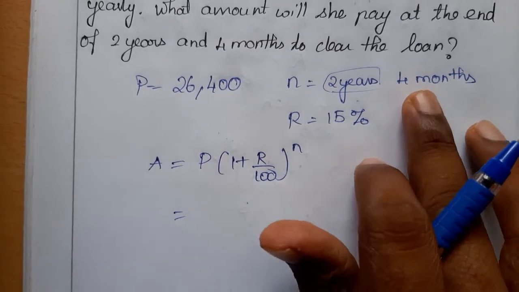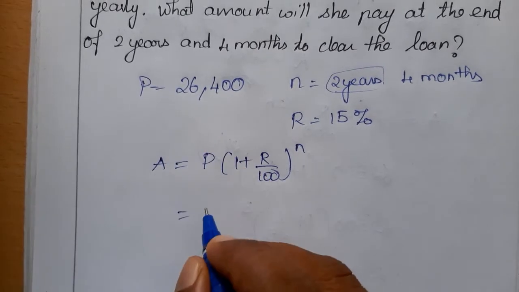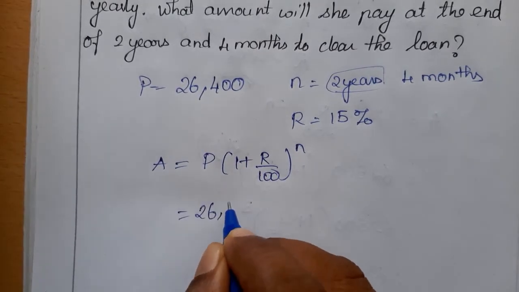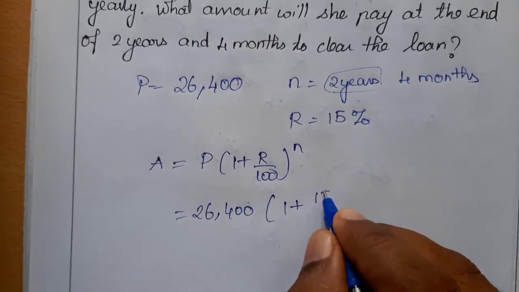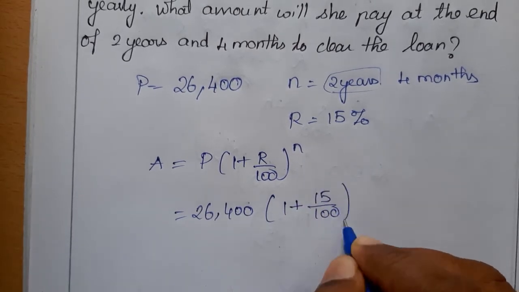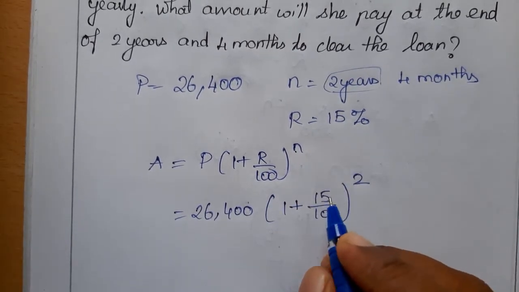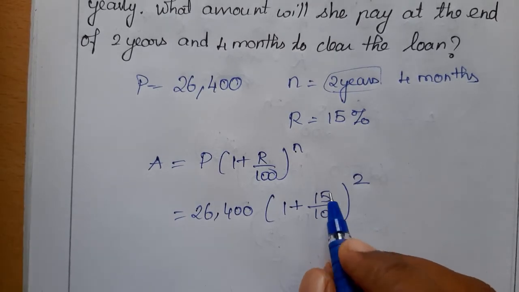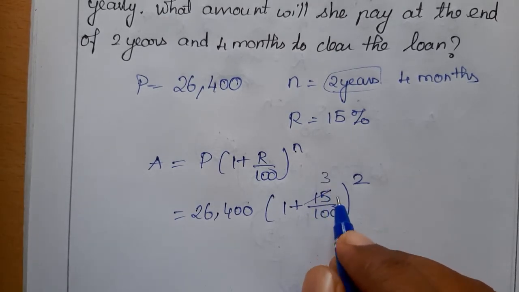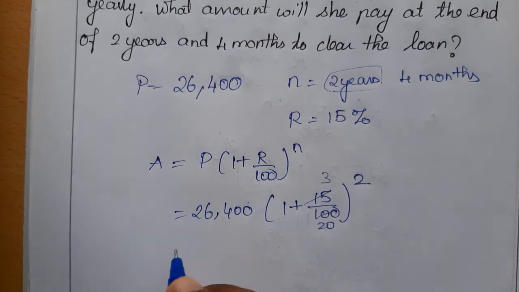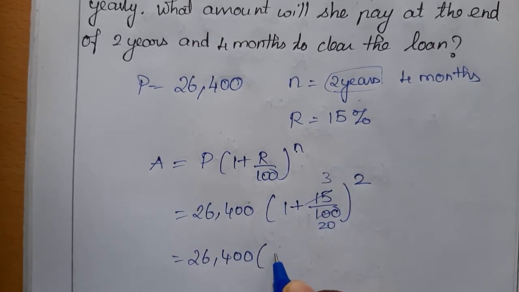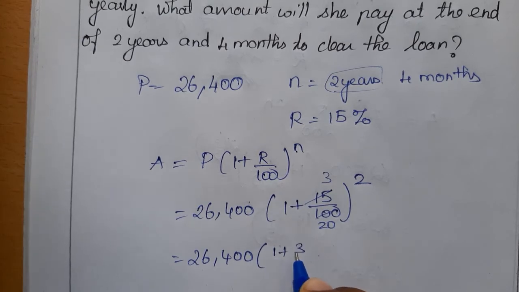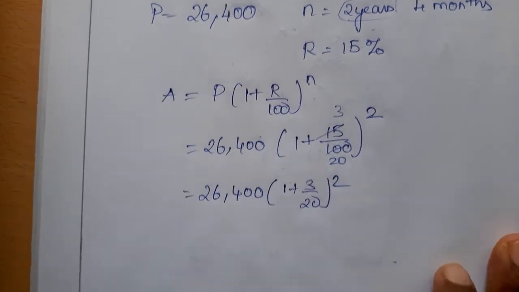Then for this 4 months we are going to use the simple interest. So principal is 26,400 into (1 plus 15 by 100) the whole power 2. 15 by 100, the 5 table, 3 times, 20 times, right? 26,400 into (1 plus 3 by 20) the whole square.